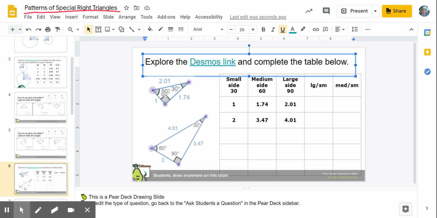Can I make it exactly 2.5? I need a better mouse. So what happens here? There are 2.5s. What if I make it a 3?